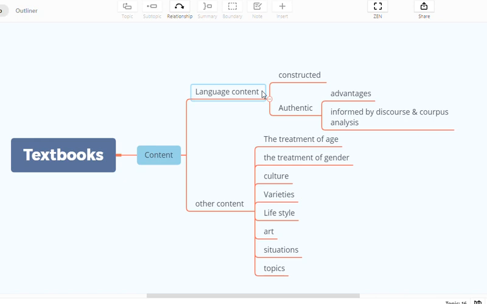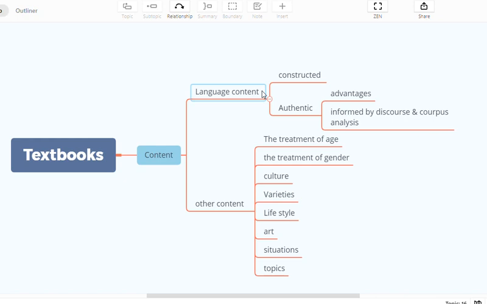And the other part of the content is treatment of age, treatment of gender, how genders are treated equally or unequally, or source and target culture, global or international cultures or world cultures, language varieties, lifestyles, art, situation, and topics. These things are very important.